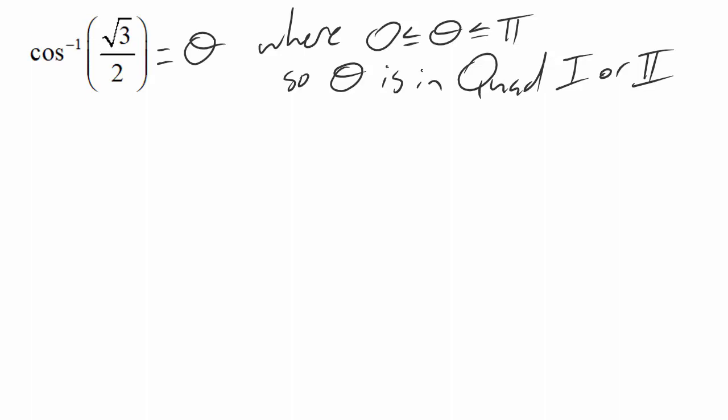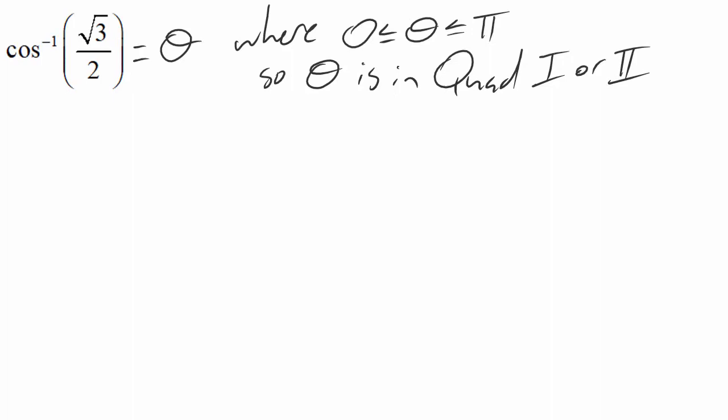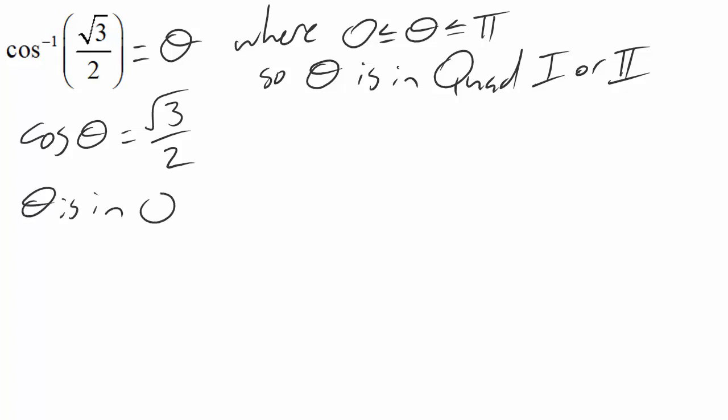Since we're looking at the inverse cosine of positive square root of 3 over 2 to be providing our angle theta, that tells us that the cosine of theta is got to be the thing that generates that positive square root of 3 over 2. Now, since cosine is going to be a positive answer, that tells us then that our triangle, and thus theta, has to be in quadrant 1.